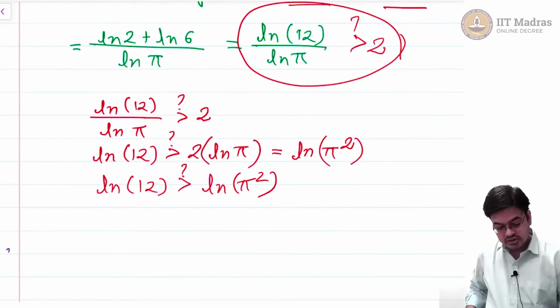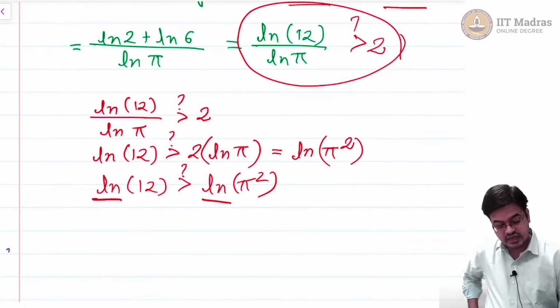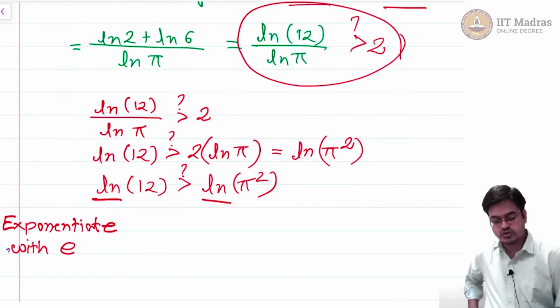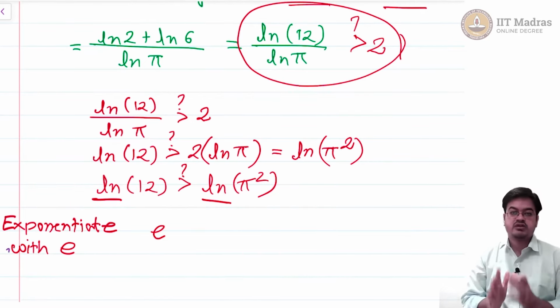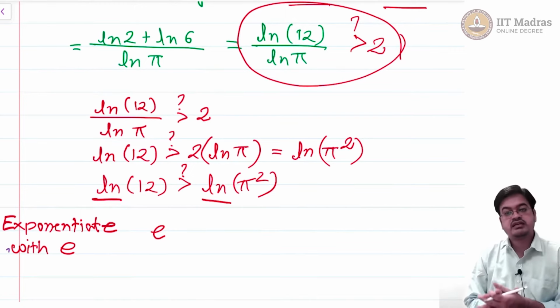Now both side logs are to the same base, so I can exponentiate this with e, Euler's number. Exponentiation is nothing but applying the exponential function to a particular argument, which is monotonically increasing.